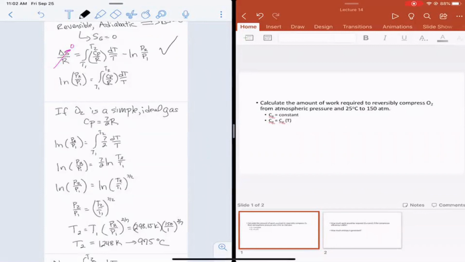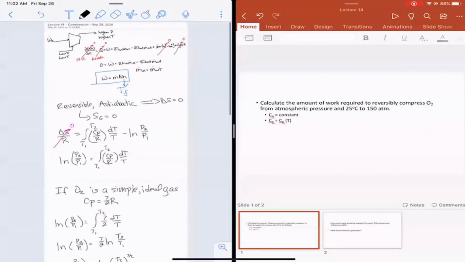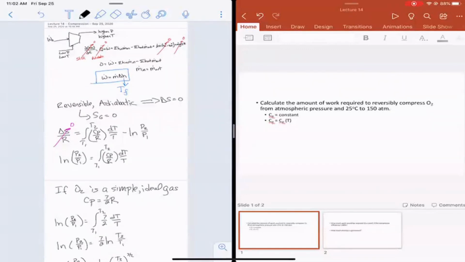So that's something to keep in mind: everything that we've done in this problem so far, where we know that for an adiabatic compressor the work is equal to m dot delta H, and that for a reversible adiabatic system delta S is equal to 0, and that for an ideal gas, even if it's not a simple ideal gas, that equation still holds.